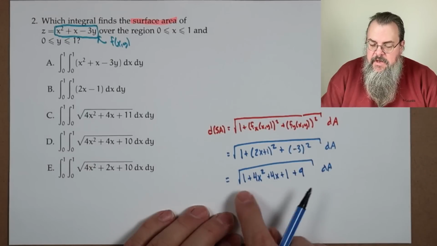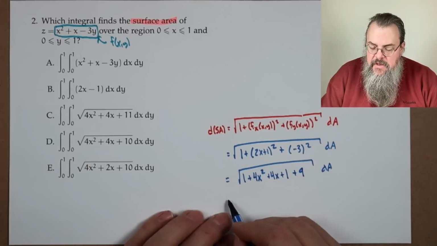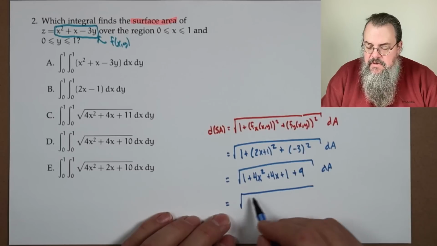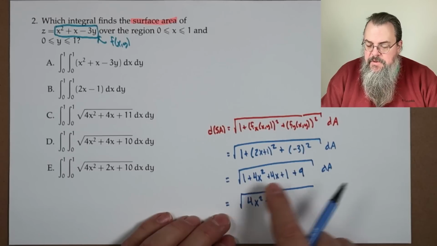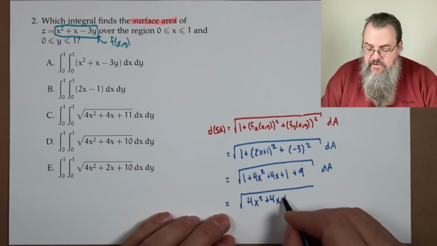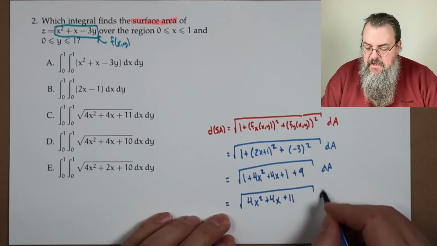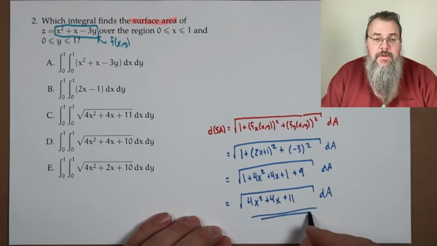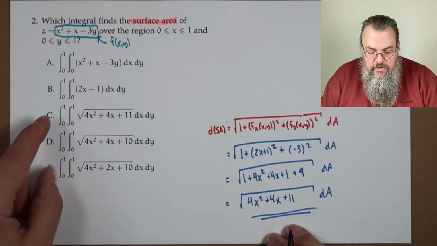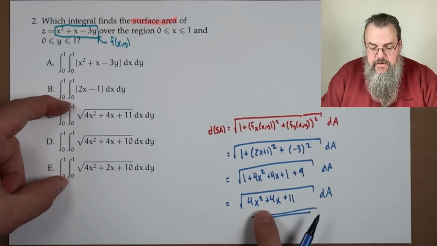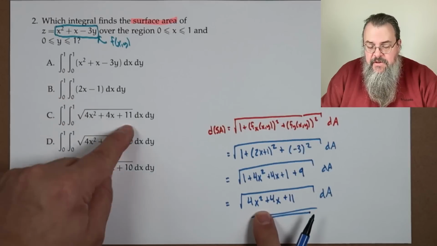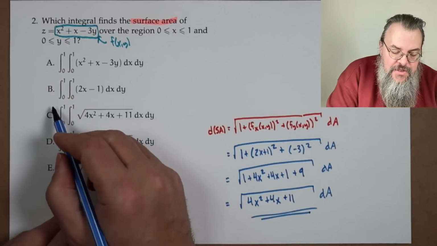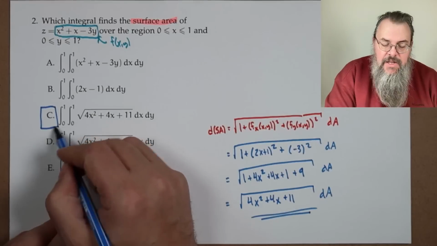We've got some constants, so we can run them all together, and we have the square root of 4x squared plus 4x plus 1 plus 9, so plus 11. And aha, that's what we're looking for. So the square root of 4x squared plus 4x plus 11. So the answer is C.